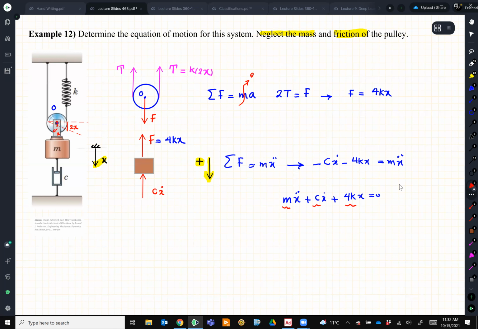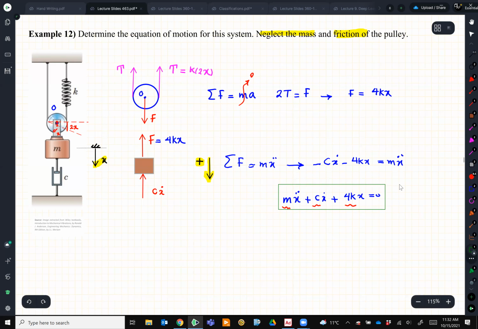Right? And we can find out whatever the question asks, which for this system is just the equation of motion. But if we are looking, let's say, to find the frequency of vibration for this system, it is omega d because it has damping, and it's not omega n. Omega d, we know it is omega n times square root of 1 minus zeta squared. Omega n, we know how to calculate it.